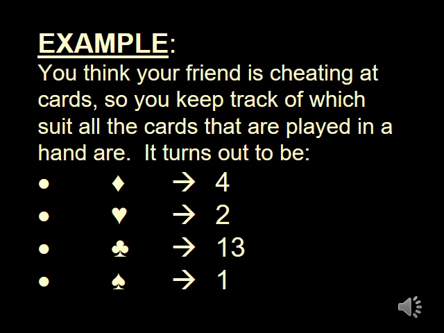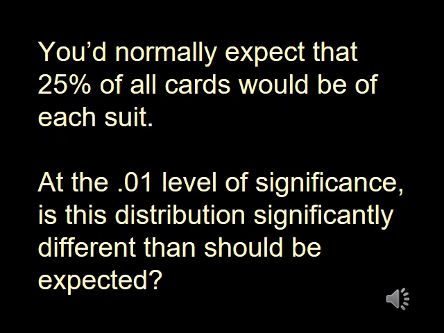If I was playing any card game and my friend had 13 clubs, that would probably give me a bet that he might be cheating. Normally you would expect that about 25% of the cards should be each suit. And in this case, we were obviously really heavy on one suit and light on the others. And our question is, at the 0.01 level of significance, is this significantly different than should be expected?